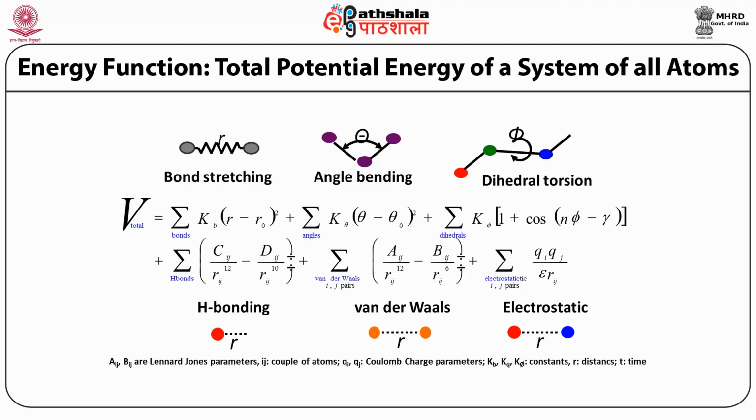These potentials are used as energy functions in the assessment of an ensemble of structural models generated during the modeling. The main parameters include bond stretching, angle bending, dihedral torsion, H bonding, van der Waals interactions, and electrostatic interactions.